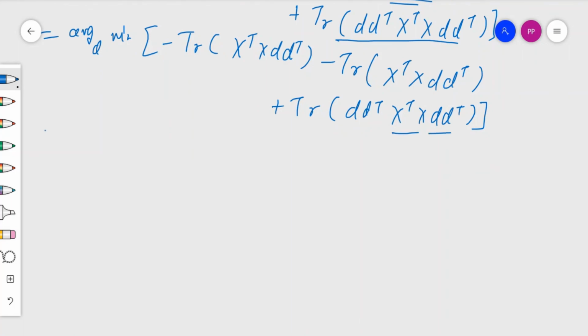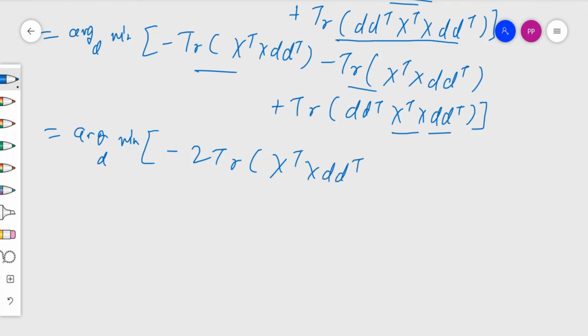So let us write argument over small d minimizing this minus, so these two terms we can combine together, minus 2 trace of X transpose X D transpose, then plus trace of, because here the X transpose X are in the beginning, so to bring the X transpose X in the beginning we can have this cyclic interchange.